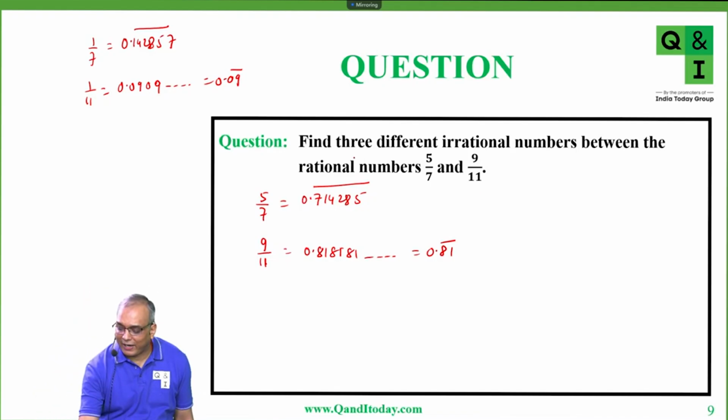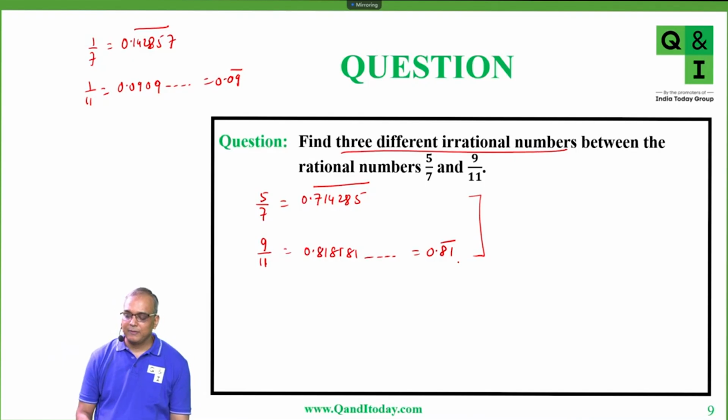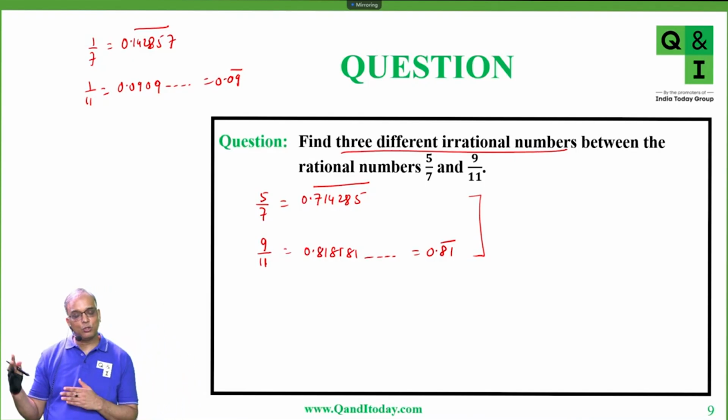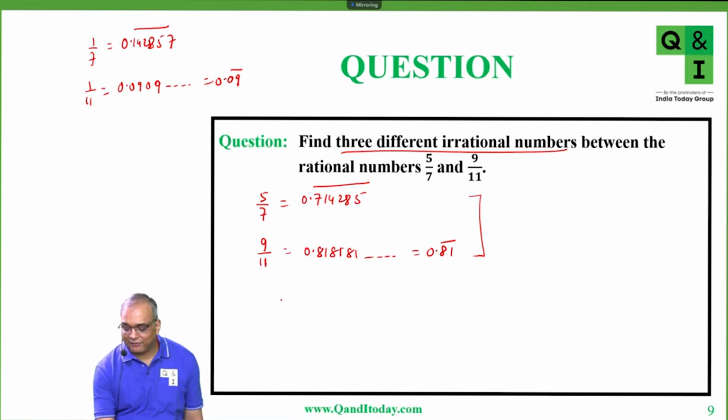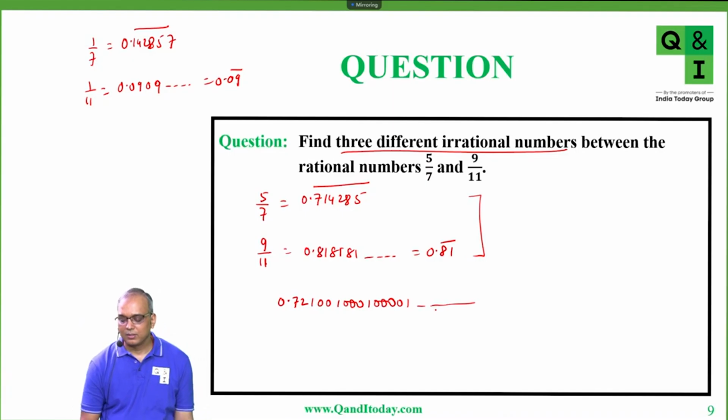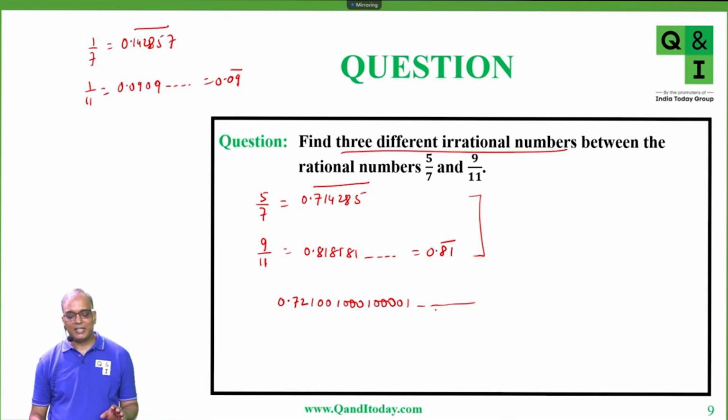Now we have to find three different irrational numbers between 0.714285 bar and 0.81 bar. So we can have numbers such as 0.72, 100, 100, 1, 4 times 0, and so on. This is non-terminating and non-recurring.